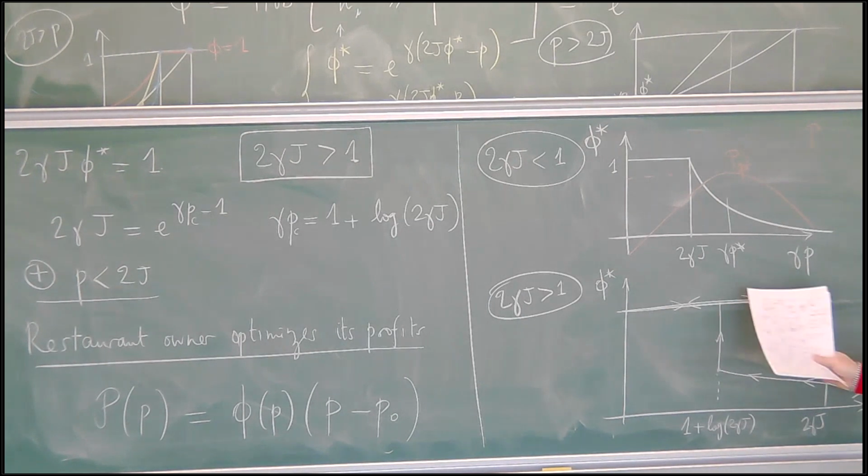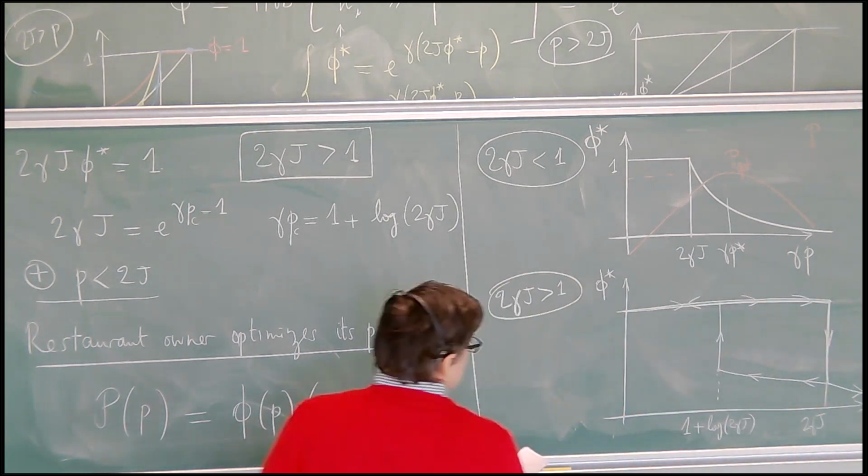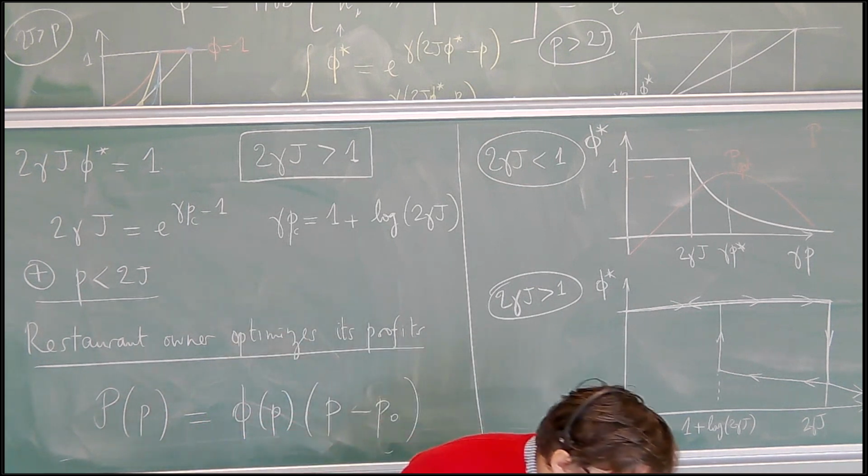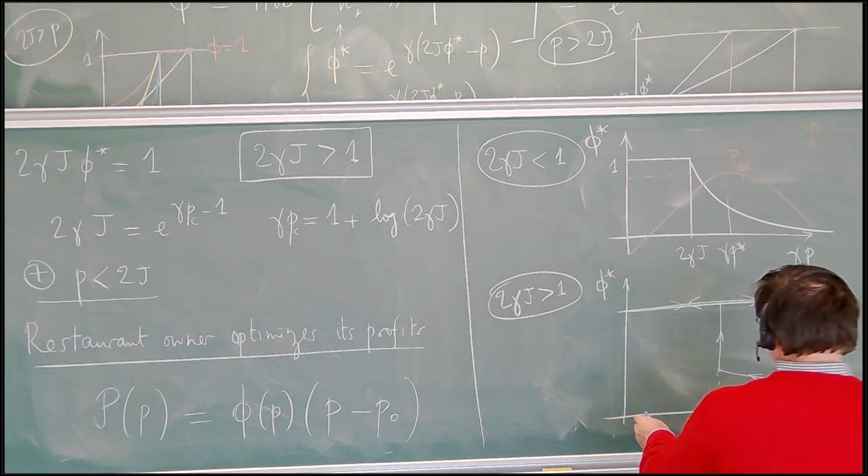As gamma changes, as J changes, you're going to have to change your price if you want to make more profits, and probably you'll have to do tâtonnement, as it's called in economics. So by trial and error, you'll probably converge to the place where you want to be, and nothing big happens.